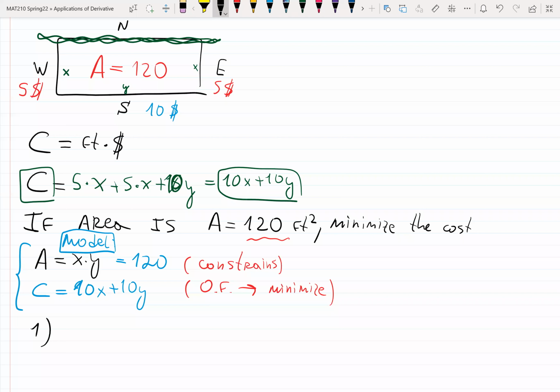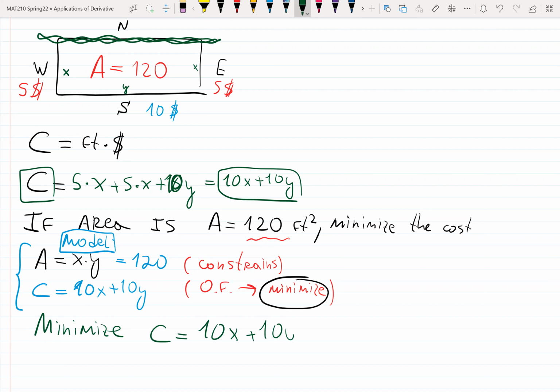So when you build the model, now calculus starts right after this. We know how to minimize things. We need to find a derivative, right? This is the question, which can be written like so. Minimize cost function 10x plus 10y subject to.